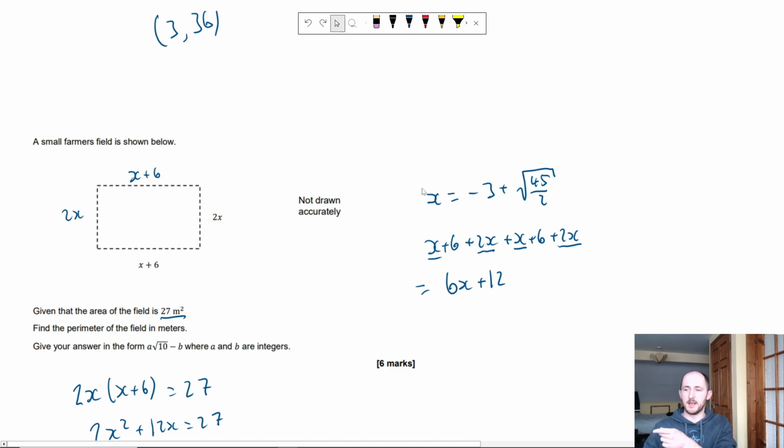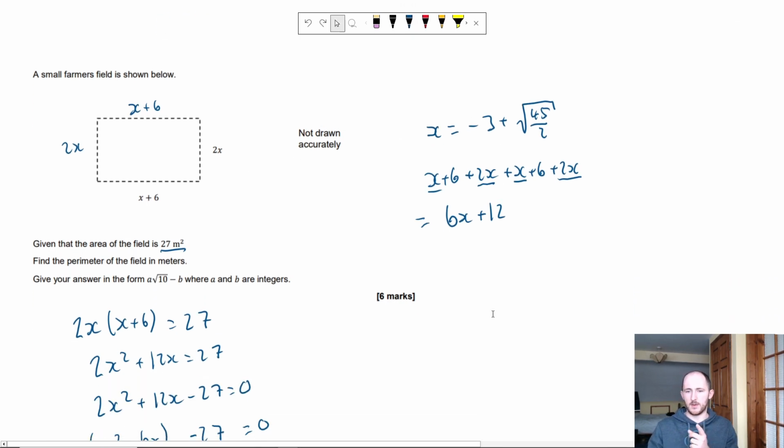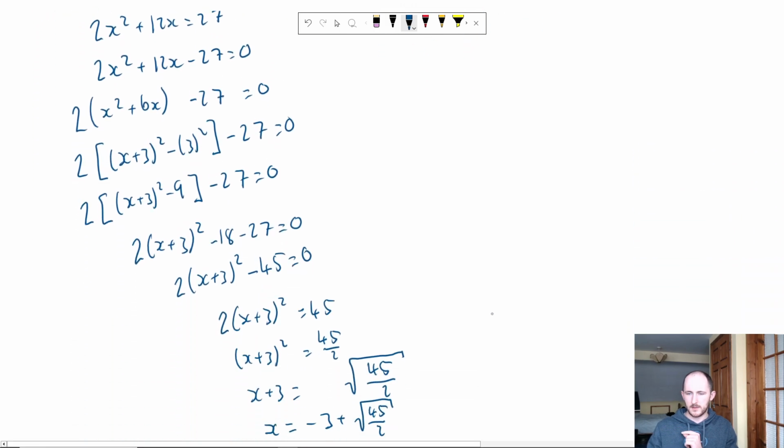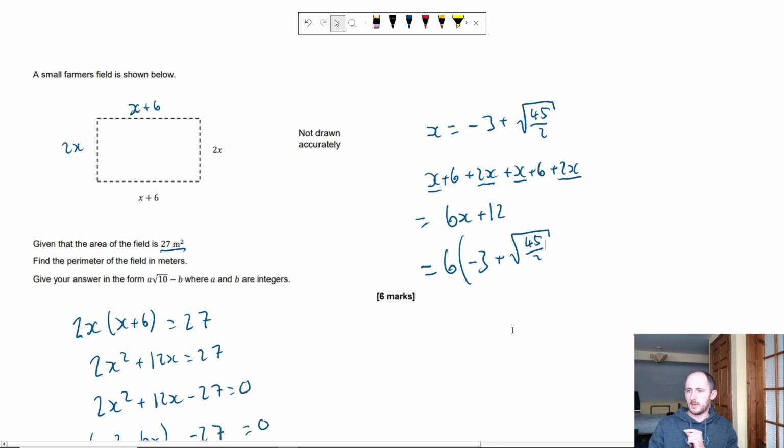Now I'm going to sub in this. So let's do it. We get 6 multiplied by minus 3 plus root 45 over 2, and plus 12 after that.